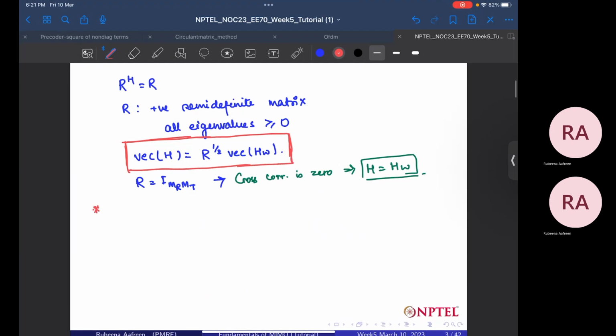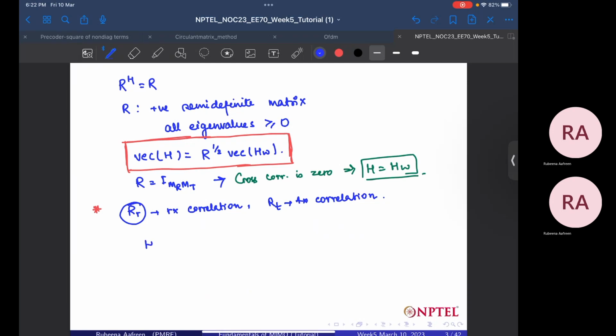Now usually when there is some transmitter and there is some receiver, the transmitter correlation is different and the receiver correlation is different, right? So both of the values are given: RR is the receiver correlation and RT is the transmit side correlation. Okay, so now we have the covariance matrix RR, that is the receiver covariance matrix, and the transmitter covariance matrix is RT.